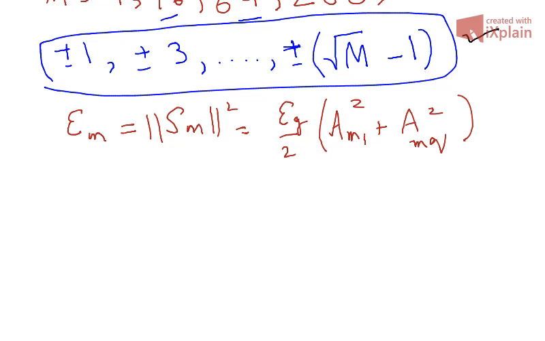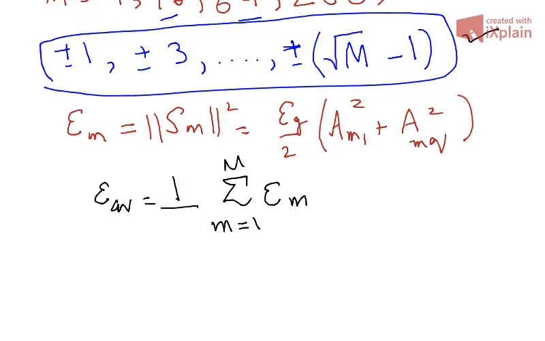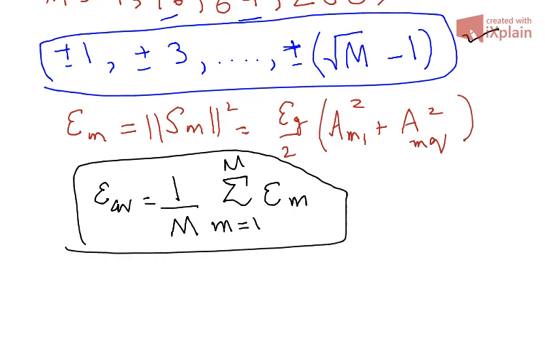So to find the average energy, what was our procedure? We sum the energies of all the signals for all m, and we divide by the total number of symbols, which is M. We have M number of symbols.